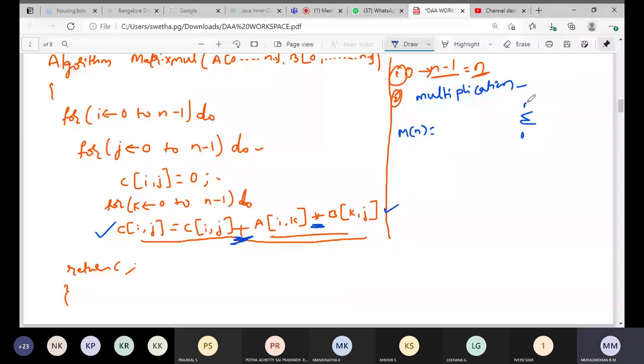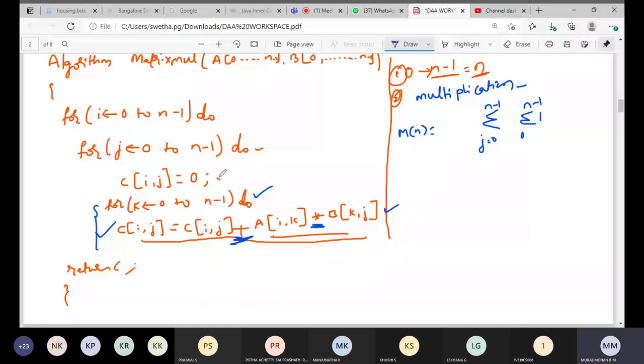And this entire thing will be executing one time for each j equals 0 to n minus 1.